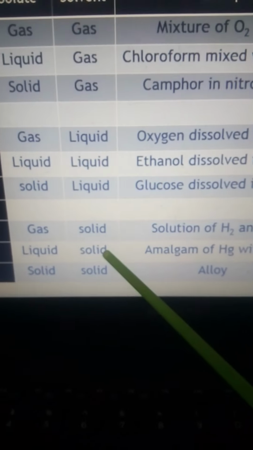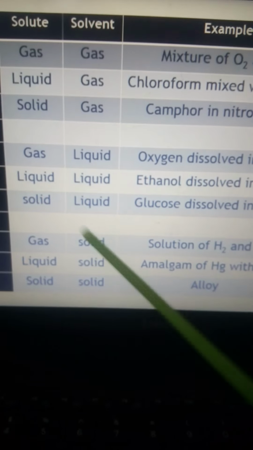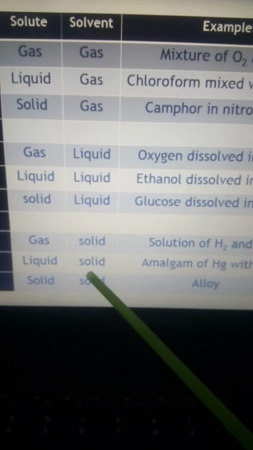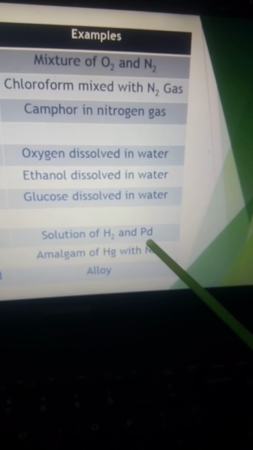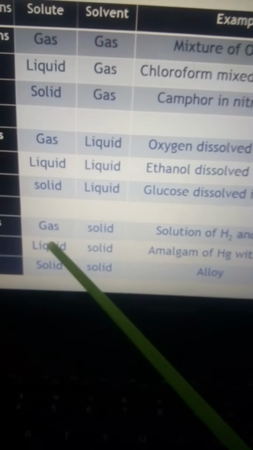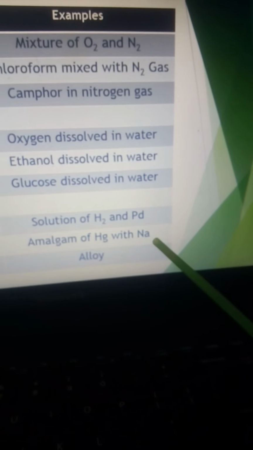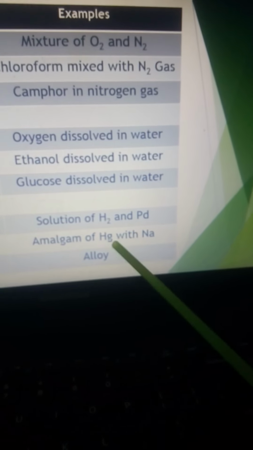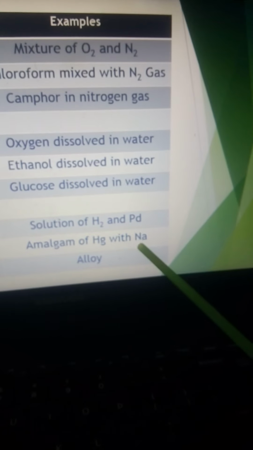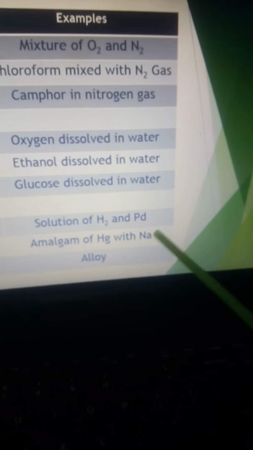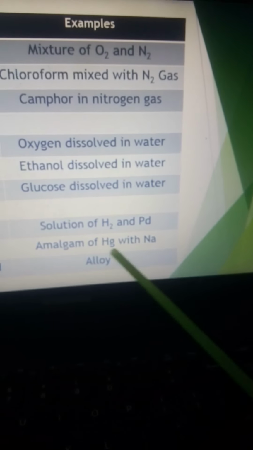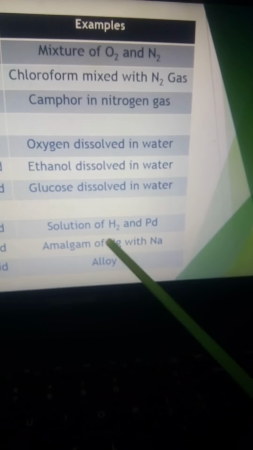It means solid is your solvent, that means the solvent is in the solid state, and gas in solid, say solution of hydrogen and palladium. Then liquid in solid, amalgam of mercury with sodium, sodium amalgam. You know that mercury is in a liquid state, sodium is in a solid state, so sodium amalgam. That mixture will be your uniform mixture, homogeneous mixture, so that will be a solution.